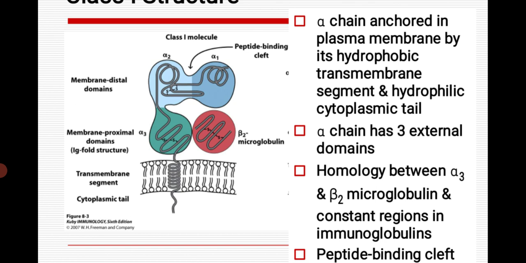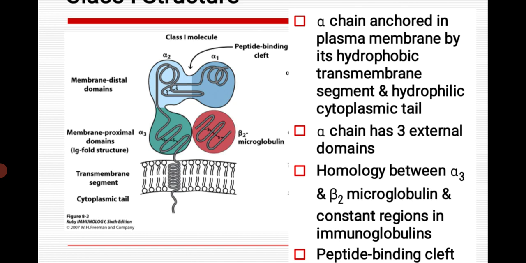There is homology between alpha 3 and beta 2 microglobulin and the constant domains of immunoglobulins. Here, in this class one molecule, we can see a cleft that is called the peptide binding cleft, and on this peptide binding cleft the antigen is loaded and presented to the rest of the cells of the immune system.